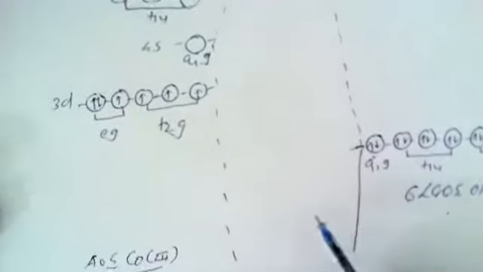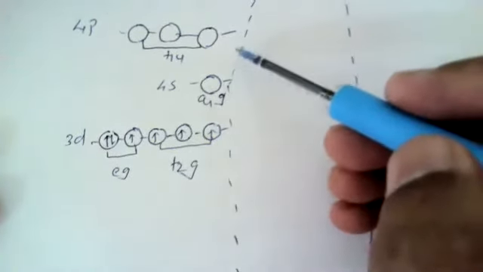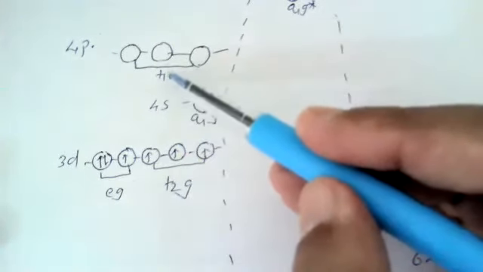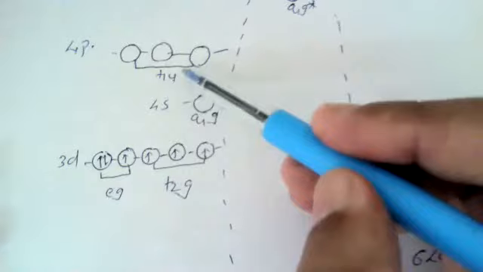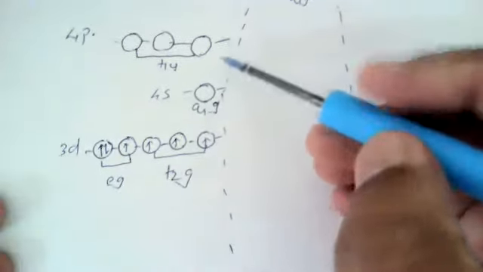Now, after drawing these 3 orbitals, again look at this diagram and consider the 4p, that is the T1U atomic orbitals of cobalt, which do not contain any electron, so they are empty.